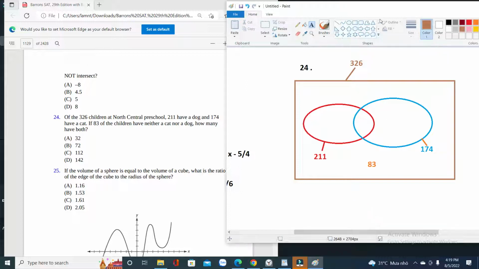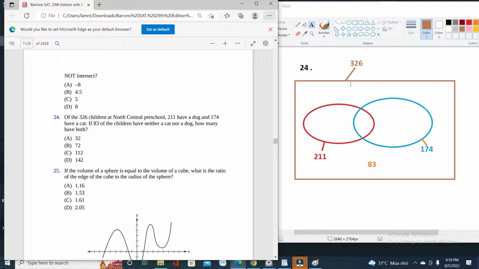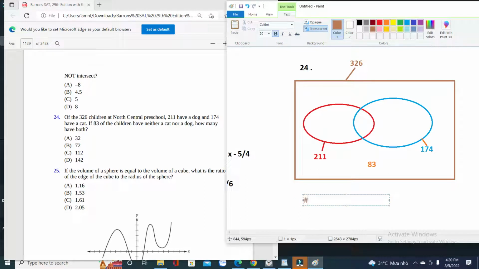Okay. So of 326 students, 83 don't have a cat or a dog. So let's find the number of students who have at least one pet. That's the brown part minus 83, because we subtract the number of students who have no pet from the total.